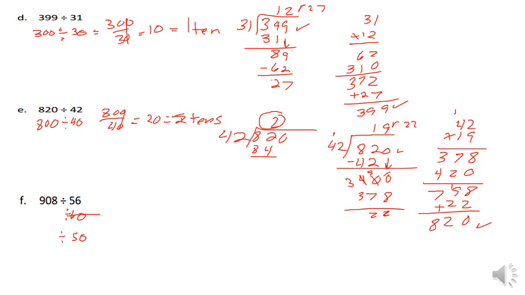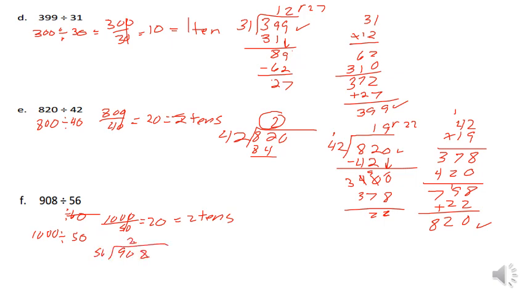So I'm just looking for a starting place. I'm going to round to 50. 1,000 divided by 50, take out the zeros, and I can see this would be 20, so 2 tens. That's just giving me a starting spot.